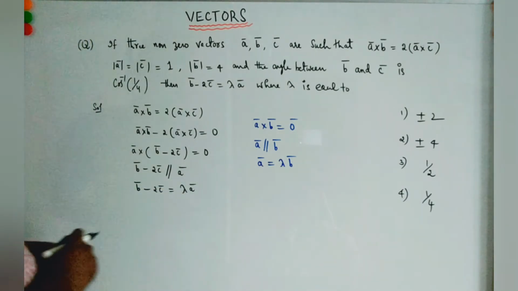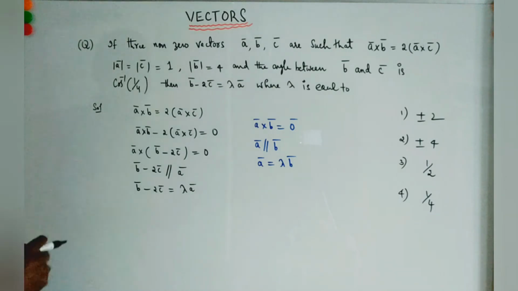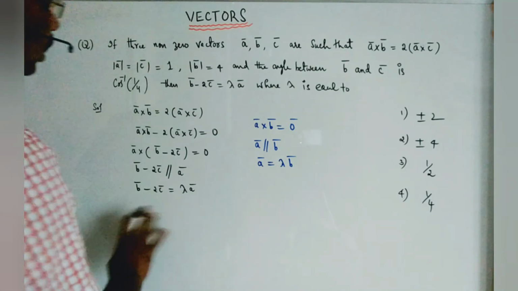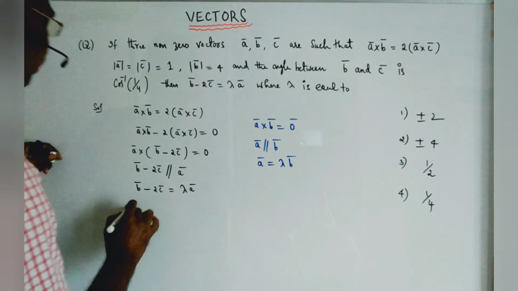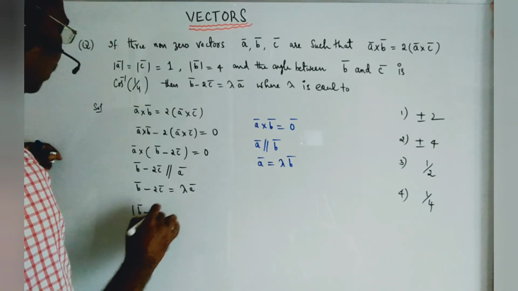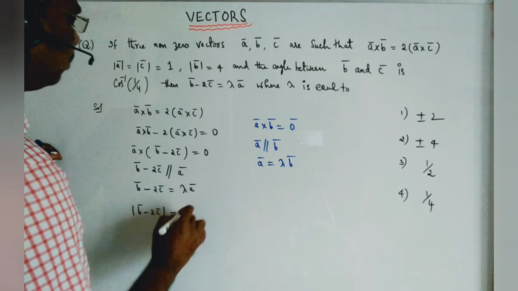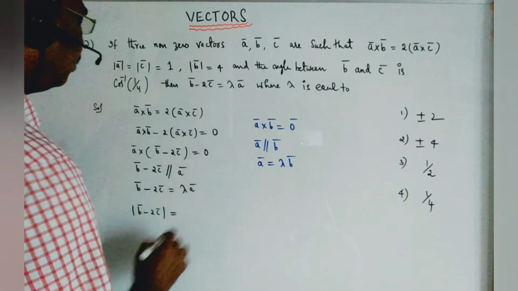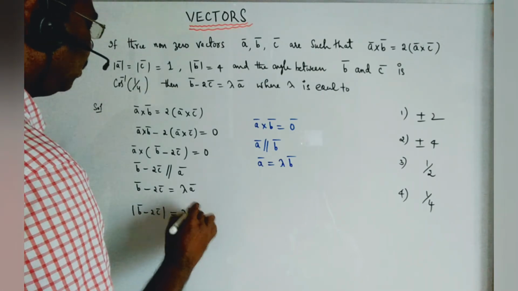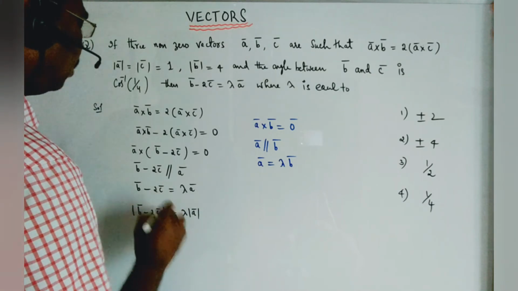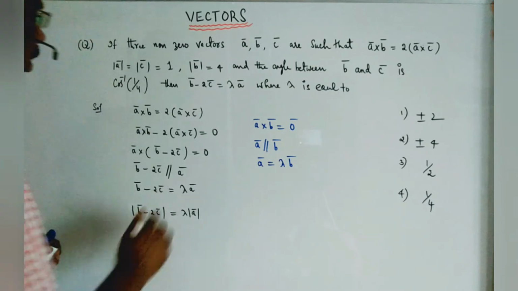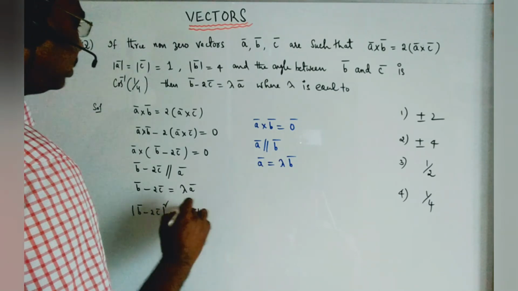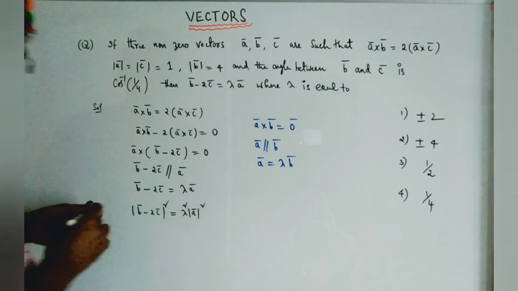Now taking modulus and squaring on both sides: mod of b bar minus 2c bar is equal to lambda into mod a bar, so squaring gives lambda square mod a bar square.